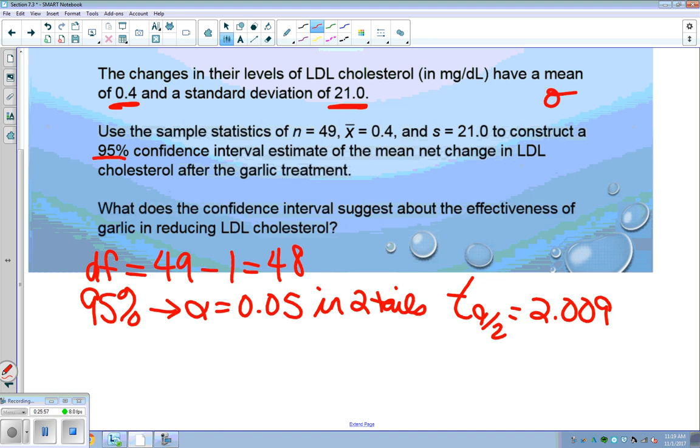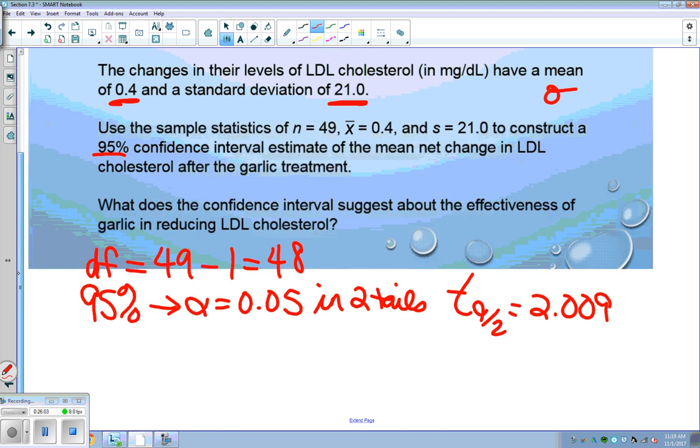Everybody okay? So my formula, which you'll have, I think it's under 7. My margin of error is equal to t of alpha divided by 2 multiplied by the sample standard deviation divided by the square root of n. Isn't that my formula?